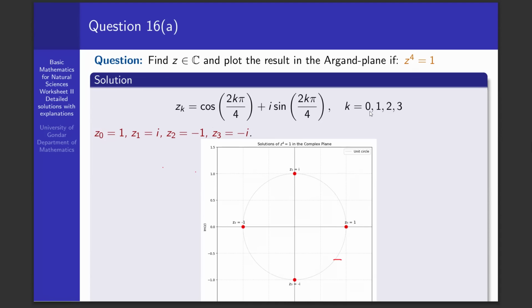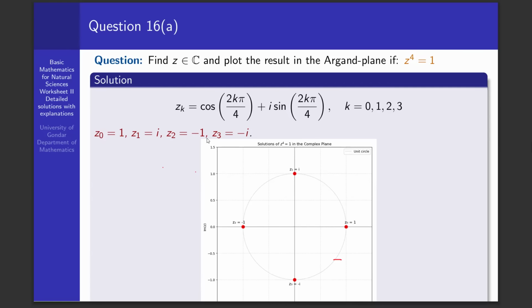And when you take k to be 1, if you substitute 1 here, z1 is equal to cosine of 2 pi over 4 plus i times sine of 2 pi over 4, or simply pi over 2. Cosine of pi over 2 is 0, but sine of pi over 2 is 1, so that z1 is 1 times i, that is i.